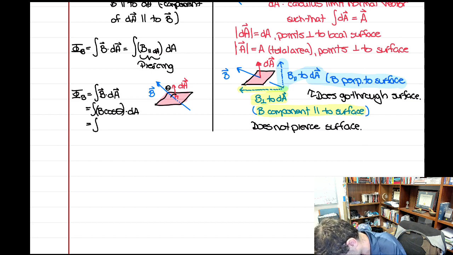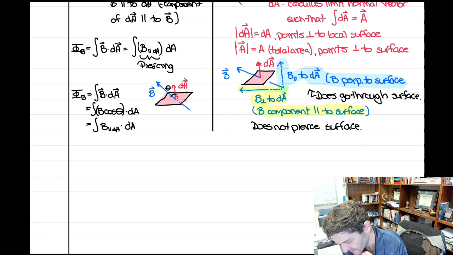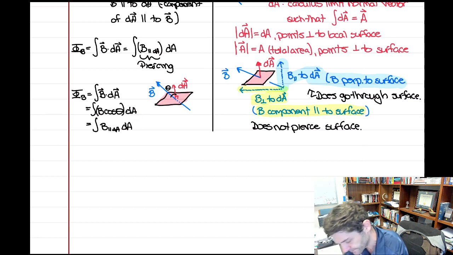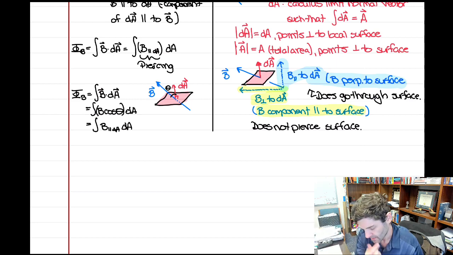That's the same thing as the integral of B parallel to dA times dA. These aren't vectors, so I couldn't say dot. I'll try to reserve saying the word dot for when I mean dot product.